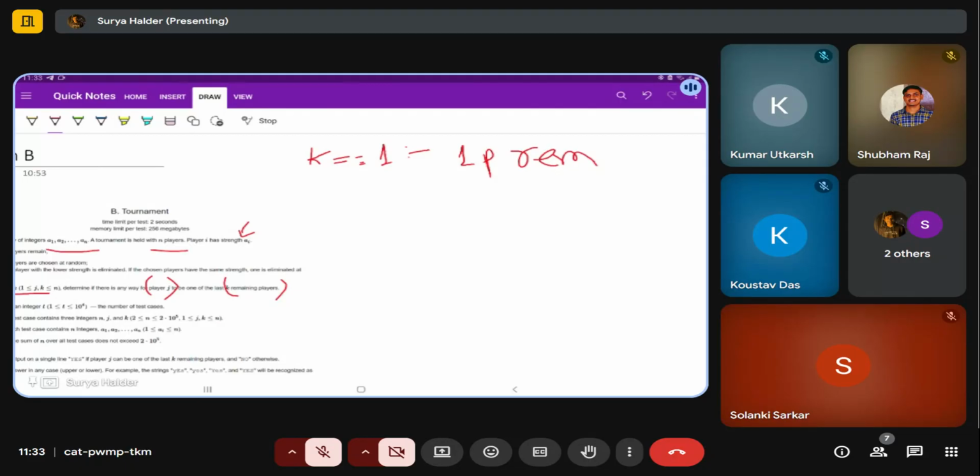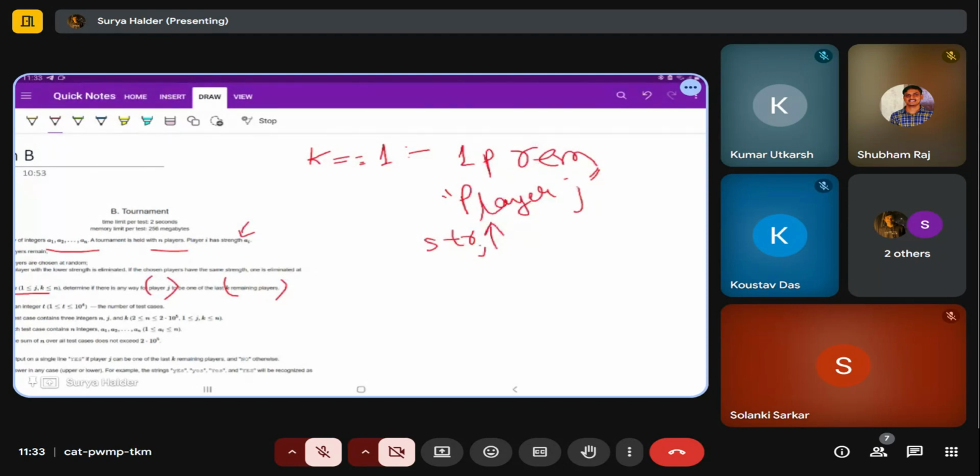So if only one person is remaining, then that last person must be player j. So when can player j remain till the last? If his strength is the highest among them.